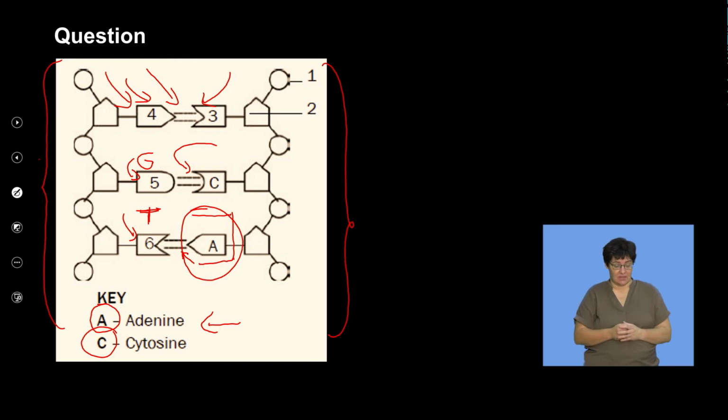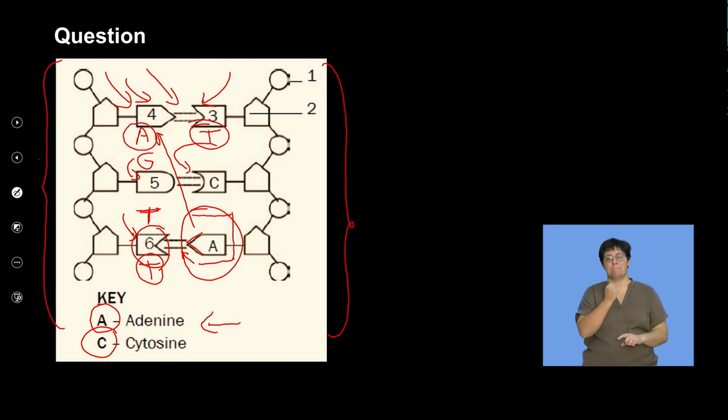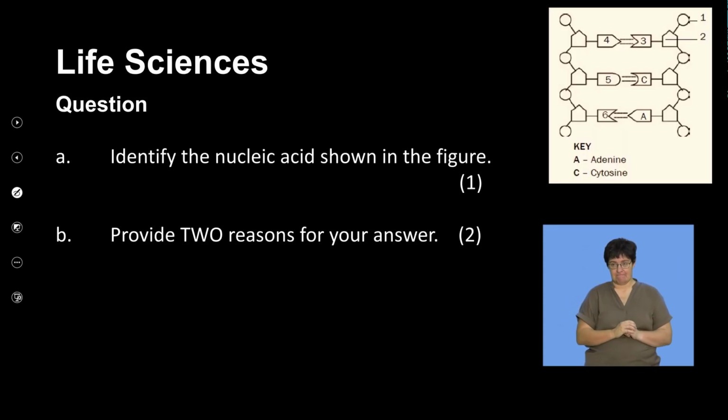Knowing that adenine has a unique arrow-pointed shape, we can infer that number 4 would also be an adenine. And likewise, number 6, which we identified as thymine, will be indicative of what number 3 would be. So we've now figured out that number 4 would be adenine and number 3 would be thymine.